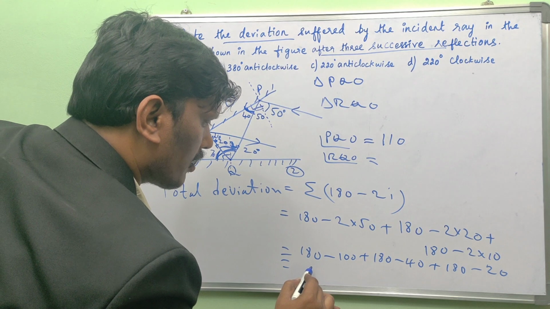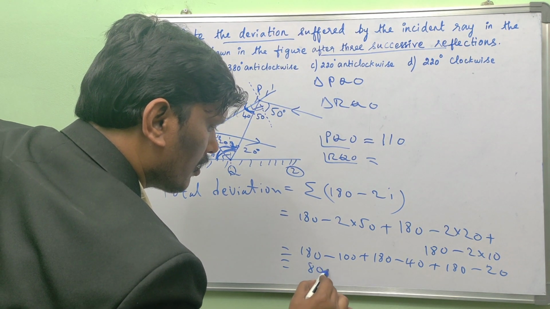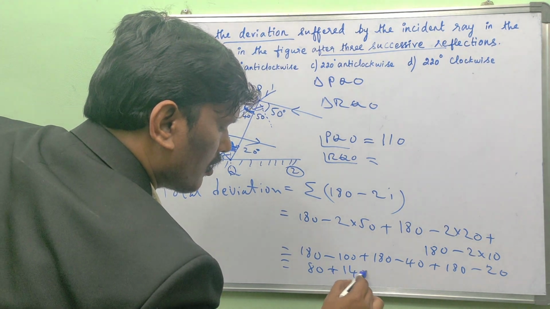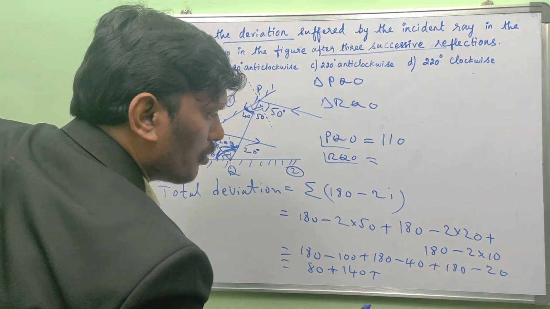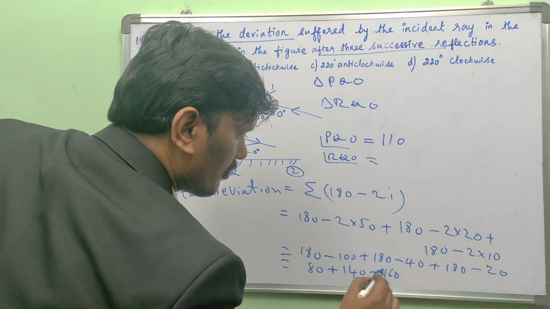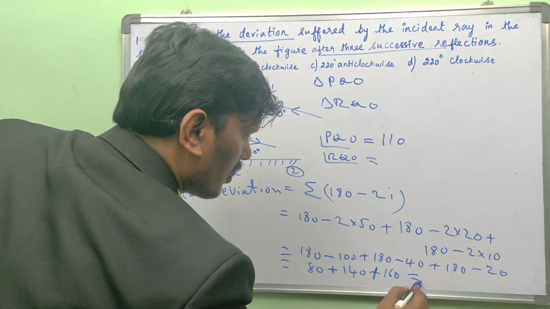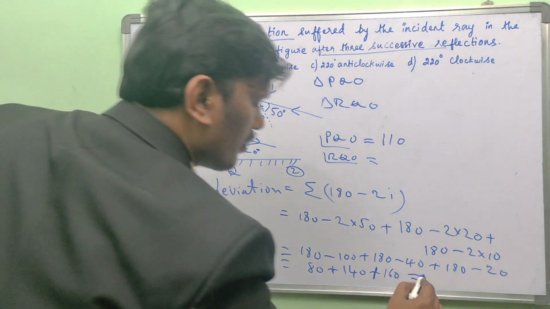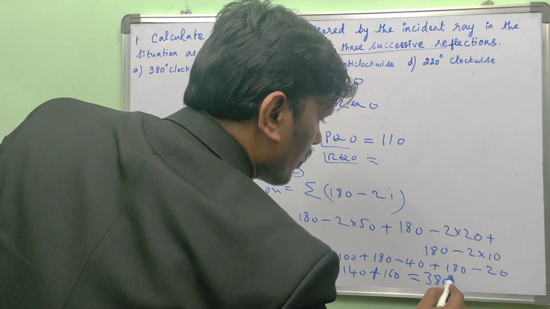So 180 minus 100 is 80. 180 minus 40 is 140. 180 minus 20 is 160. Totally 80, 140, 160 gives 380 degrees.